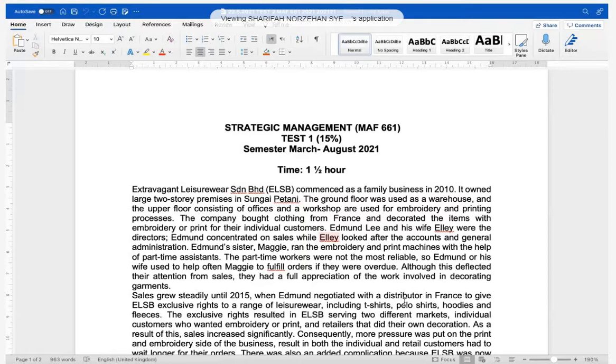What does it mean by active reading? What's the meaning of active reading?